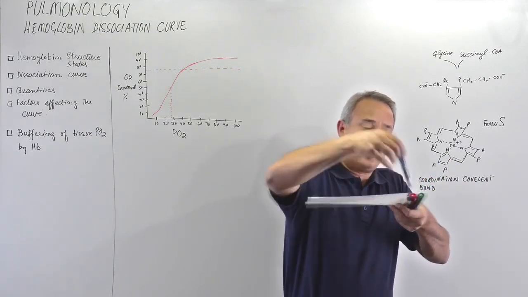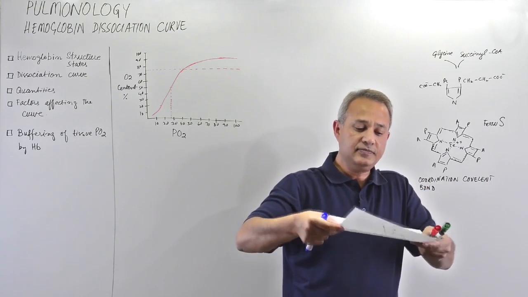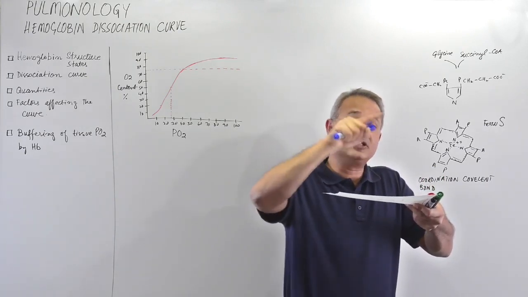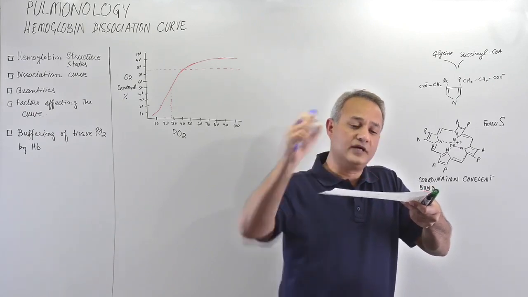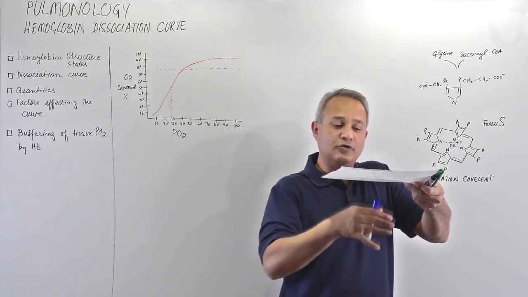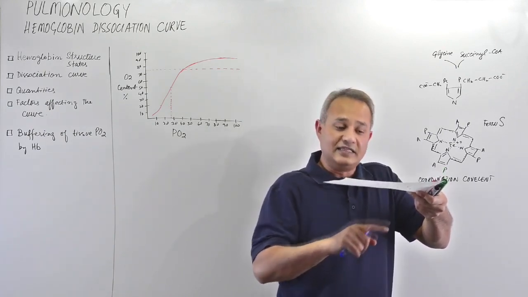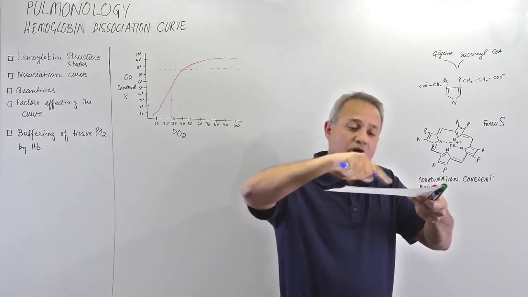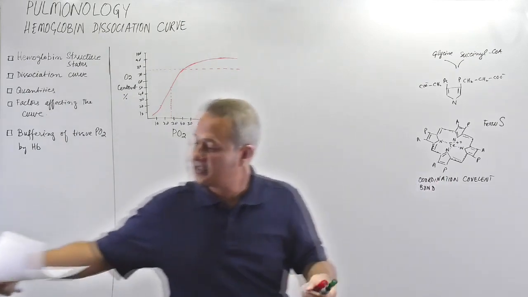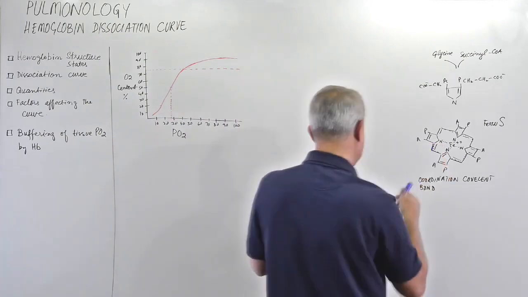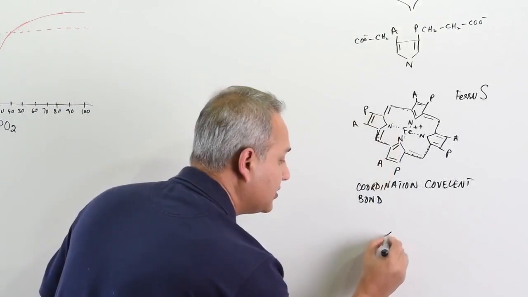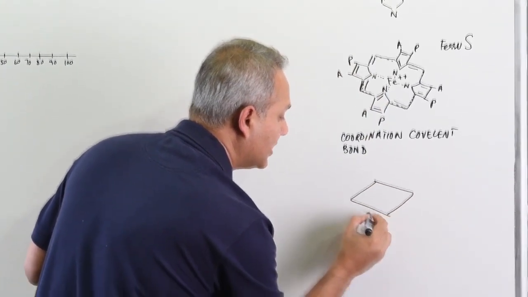Ferrous can make a bond upwards from this plane like this, and it combines with the oxygen molecule with a weak bond here, and it will make another bond downwards, and it would combine with a protein with a weak bond here. These bonds are called coordinate covalent bonds. So one above and one below. So let's make that as well. So if you take this structure, you make this structure a little planar.